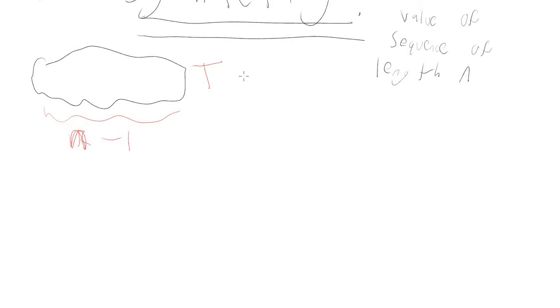Similar to before, we have two cases. We have these n-1 coins, and then we can end with a T, and again, this T will be ignored.